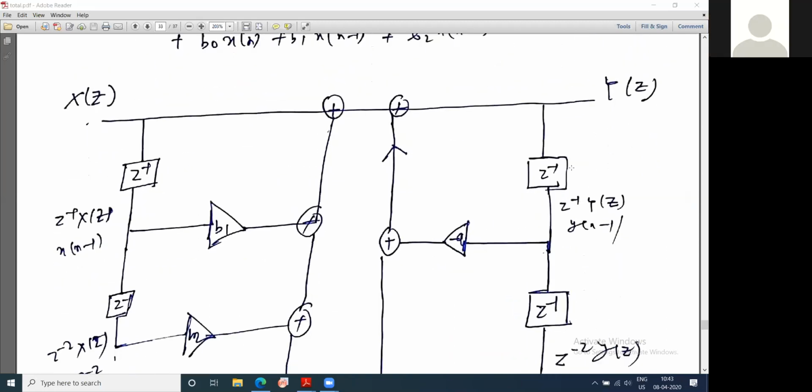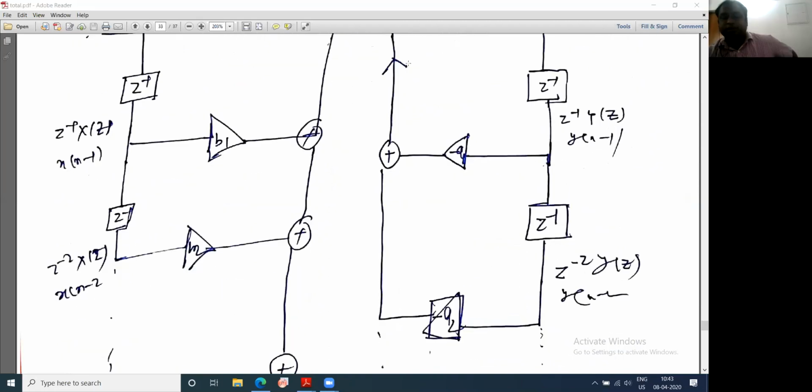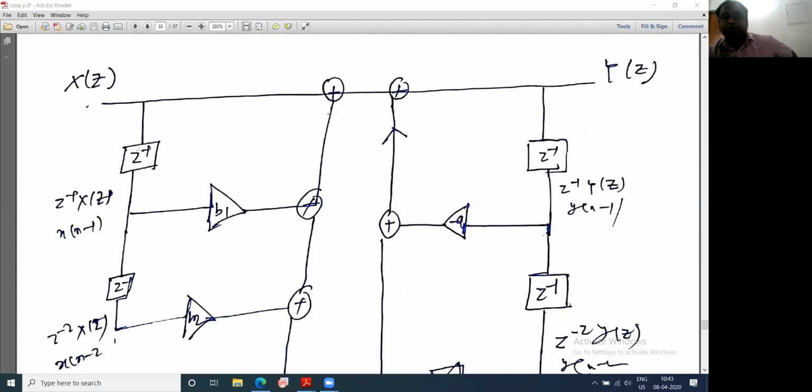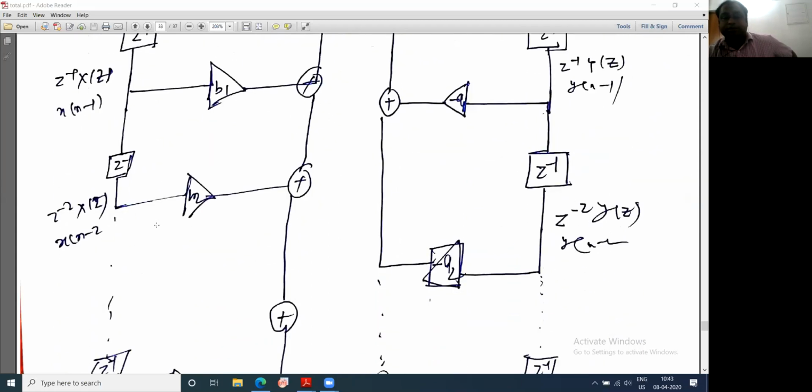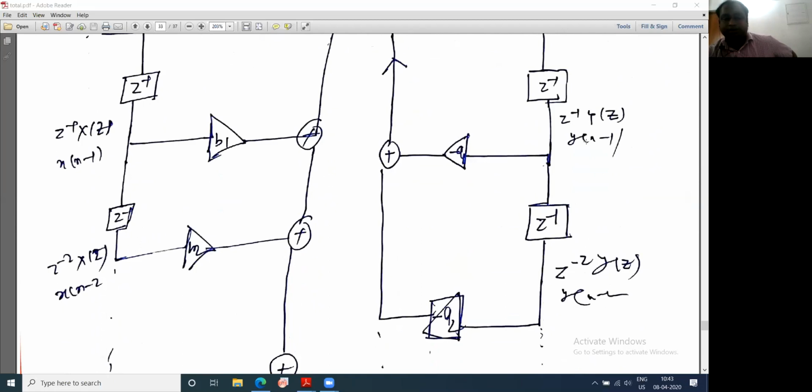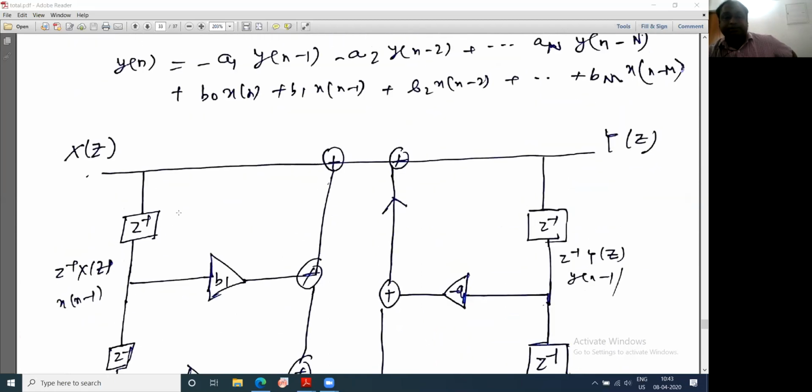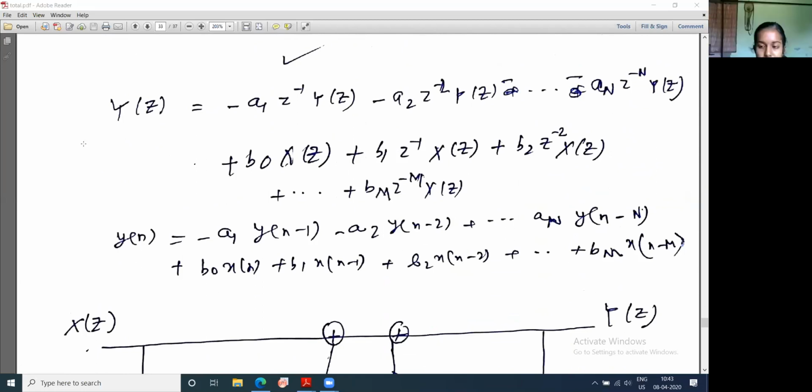Now, the output is implemented on one side and the input on the other side, and for the input you have separate delay elements, and for the output also you have separate delay elements. But what is the difference? If you look at the input side, X(z), the coefficients b0, b1, b2, bm are all positive.